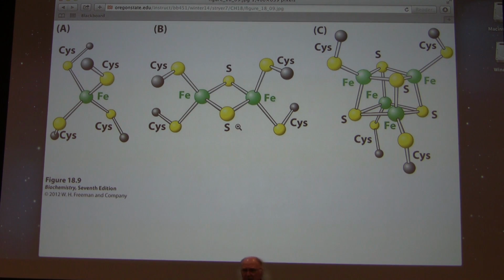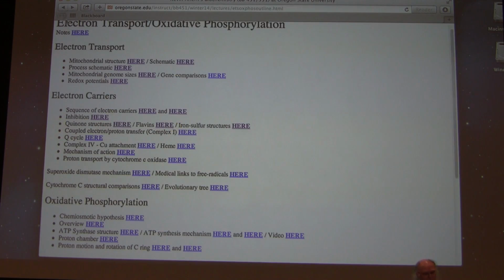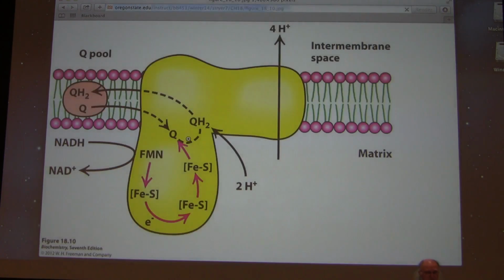That's a difference of 1 electron. So we can see that these iron centers can participate in the grabbing and passing of electrons as they're moving through this overall cycle. So iron-sulfur complexes, which are part of what we call iron-sulfur proteins, are very important in electron transfer.